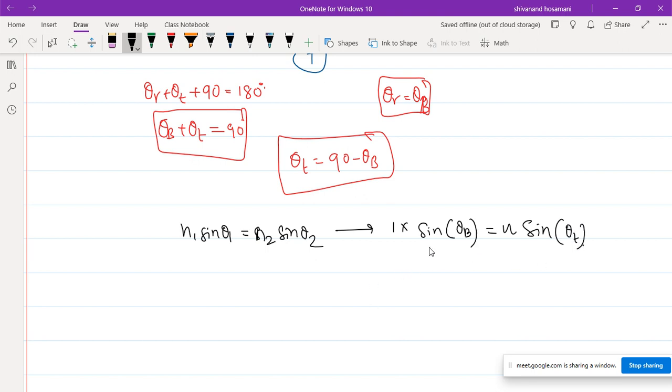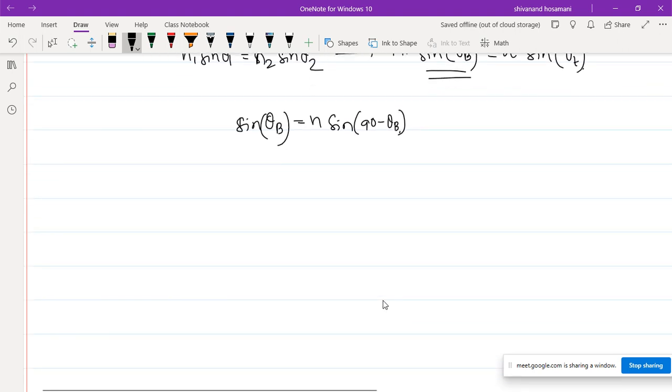Therefore, I can write sin theta b is equal to n times sin theta t, replaced as sin of 90 minus theta b. What is sin of 90 minus theta b?